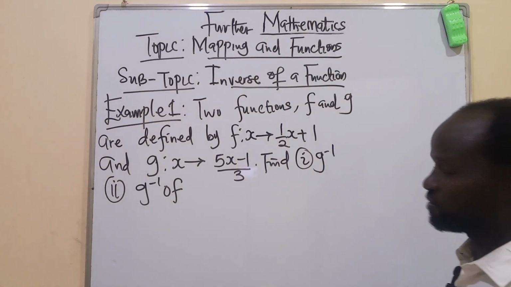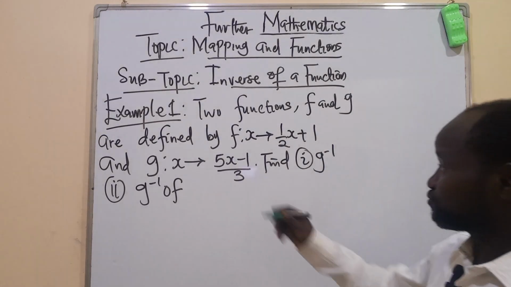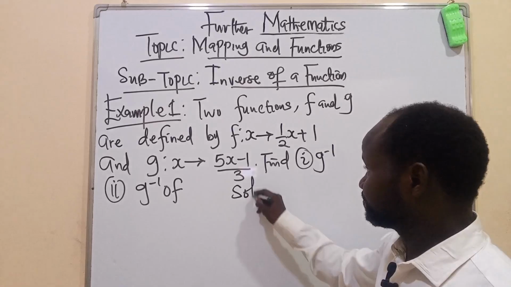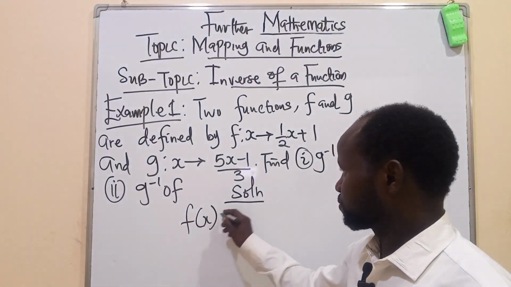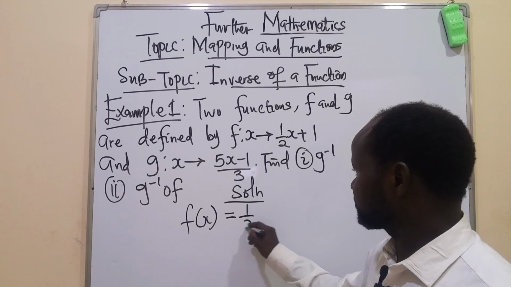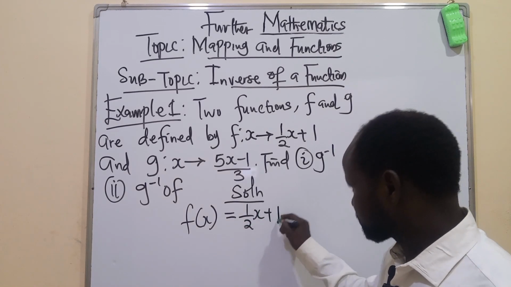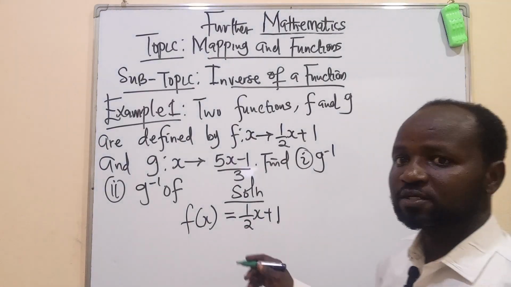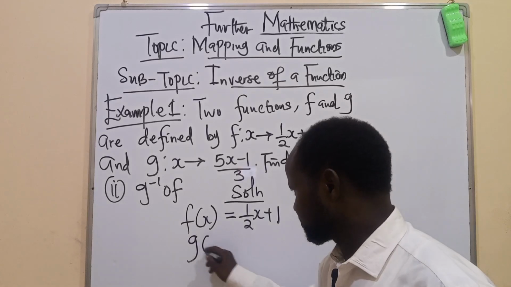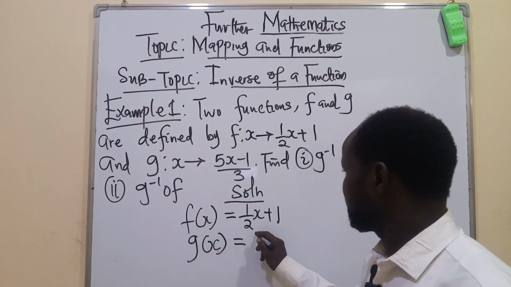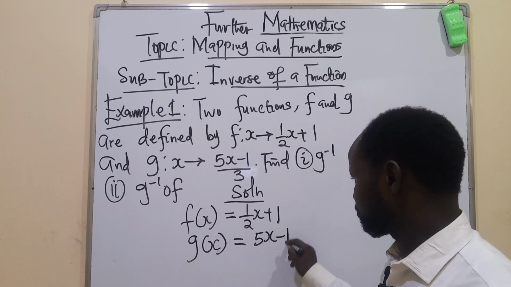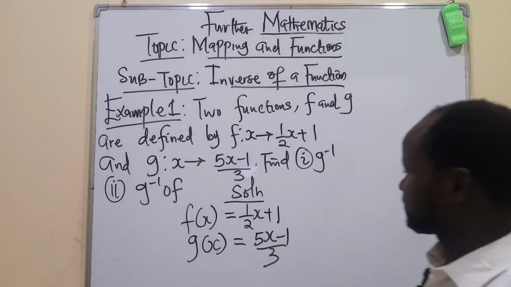Let's look at how we can solve this. First thing to do, we'll write down the solution. Let's get our f of x first from the question, which is half of x plus 1. Very important. Then our g of x will be equal to (5x minus 1) divided by 3.